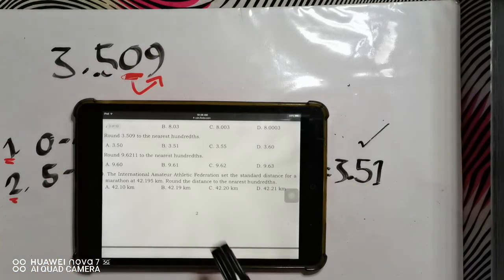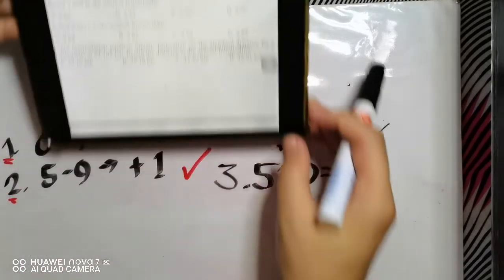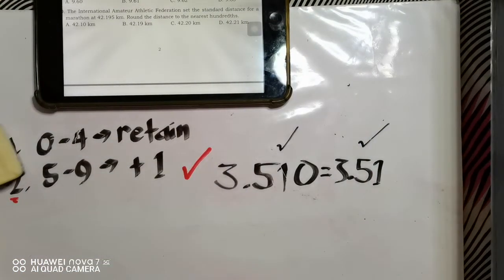Okay. The International Amateur Athletic Federation set the standard distance for marathon at 42 and 195 thousandths kilometer. Round the distance to the nearest hundredths. Okay? So, nearest hundredths. Gararound natin siya. Ito, mayroong binigay sa atin yung isang trick. Okay? So, let's see.